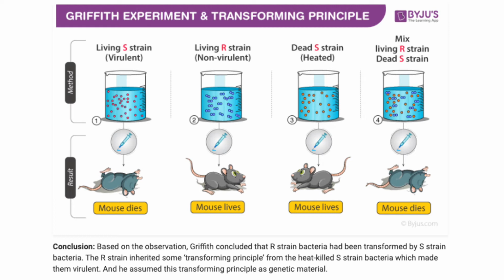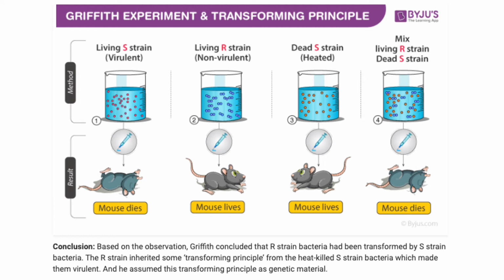Then he took the S strain and heated it to kill the bacteria. He injected the mice with the dead S strain, and since the bacteria were killed, the mice would live.